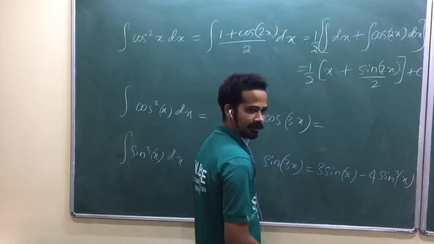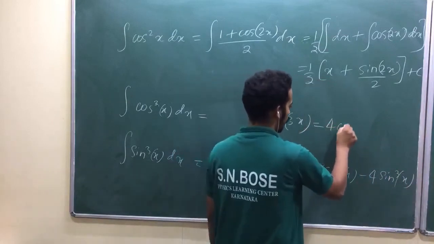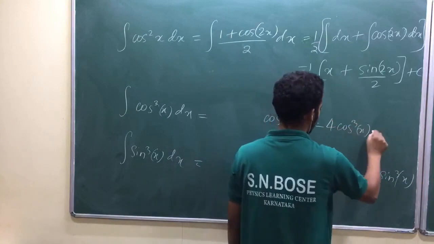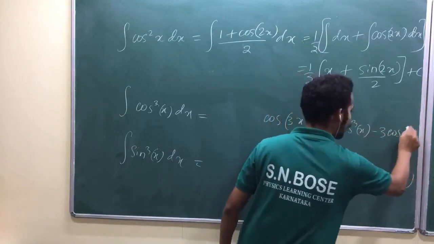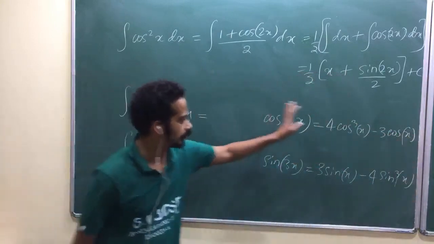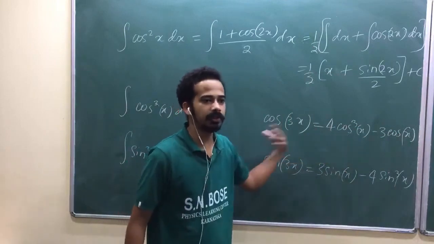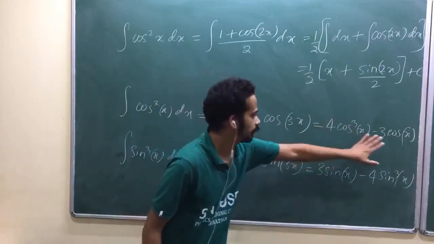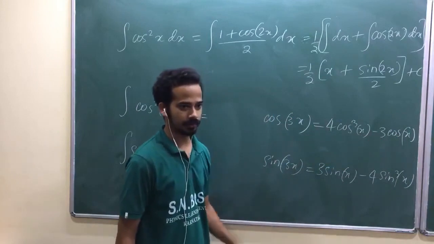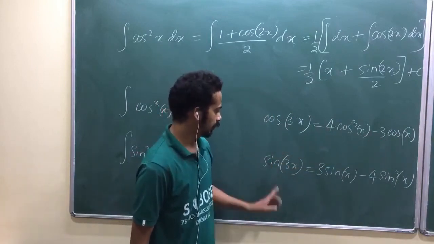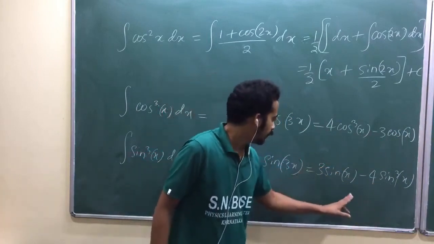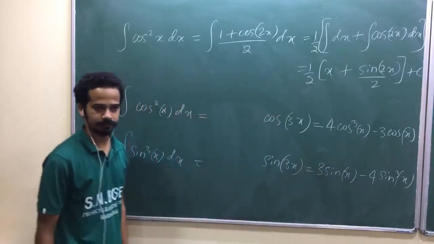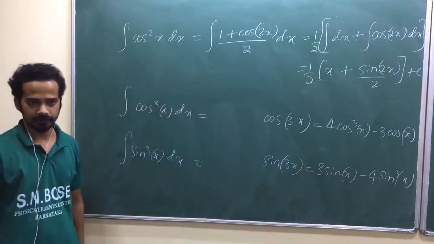Cos 3x is 4 cos cube x minus 3 cos x. Are you sure? From this equation, solve it for cos cube x, it will be in linear form, a combination of cos x and cos 3x. From this one, solve it for sin cube x, it will be in sin x and sin 3x. That's one of the methods.